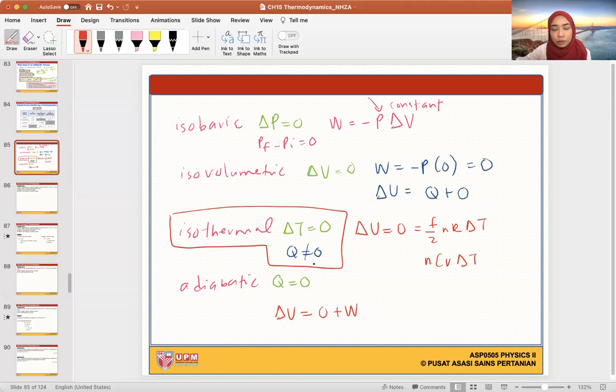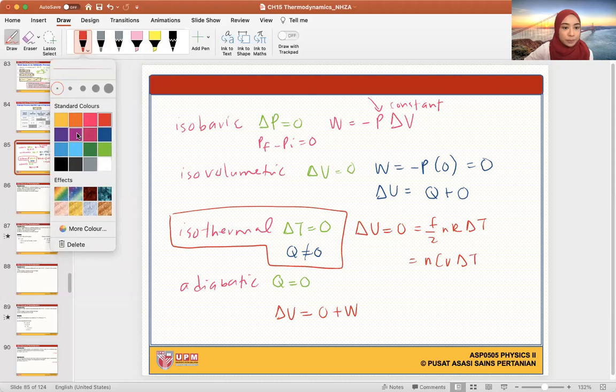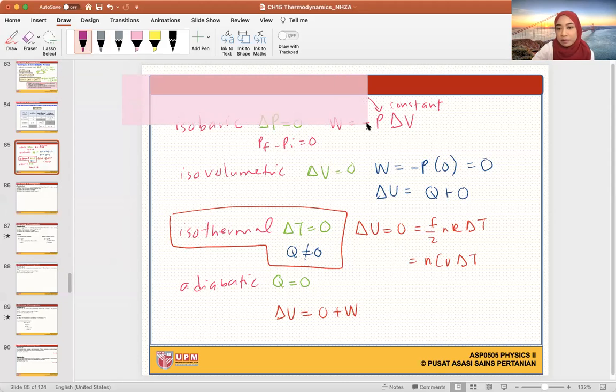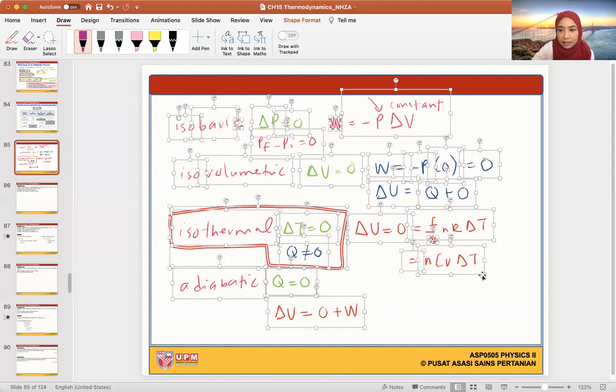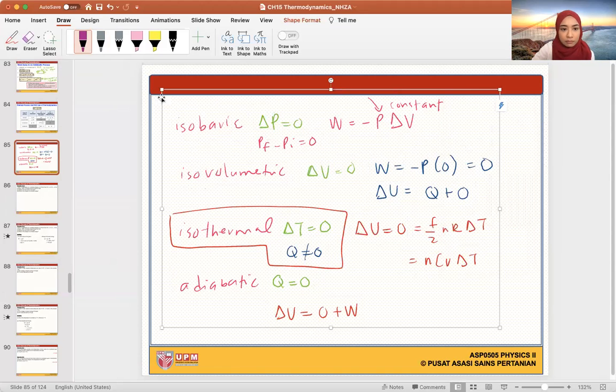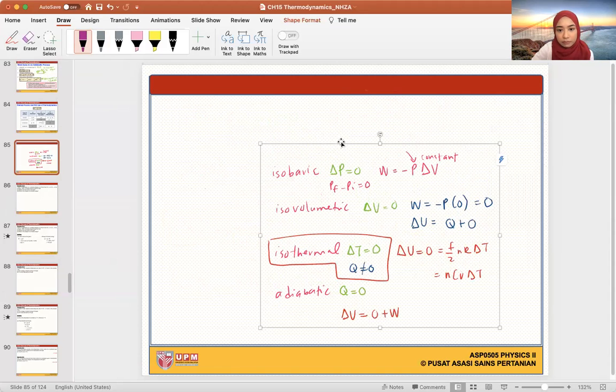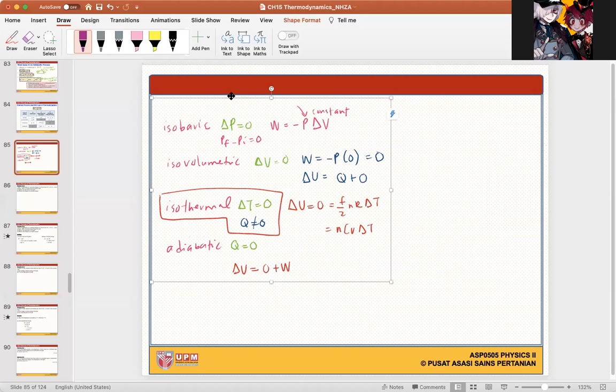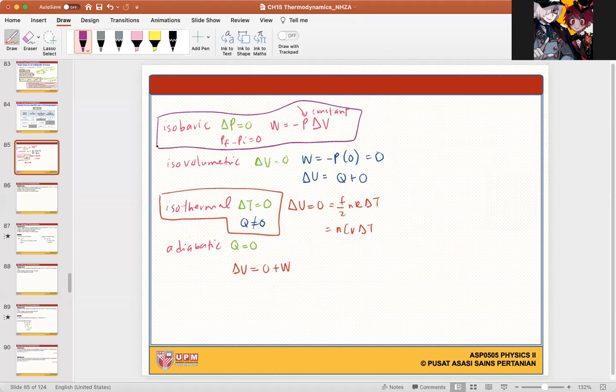So what are the other variations for equations? Is there any other besides these? Variations in equations. Let's use purple. Let me group that. Can anyone remember the variations in equations besides what we mentioned? We learned it yesterday in our exercises. nRT ln V2 over V1.